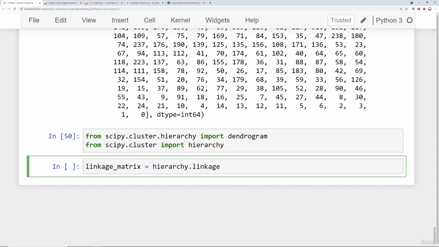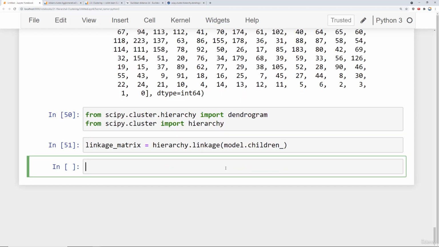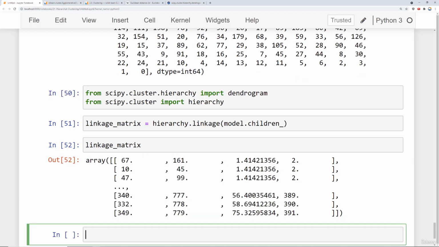I could have also just said from scipy.cluster.hierarchy import linkage. Either way is okay. And then we're going to pass in model.children_. When you run that, you're going to get a matrix, and it's going to look something like this.